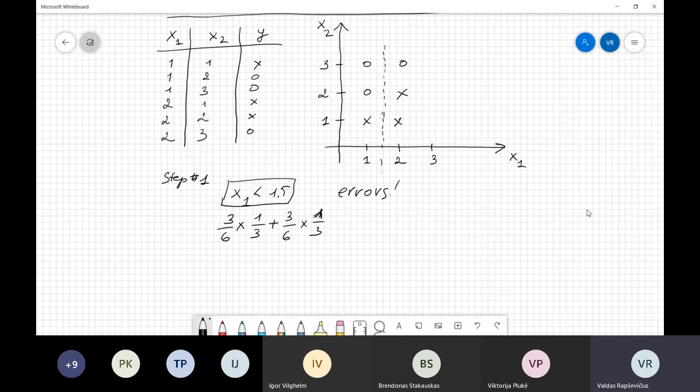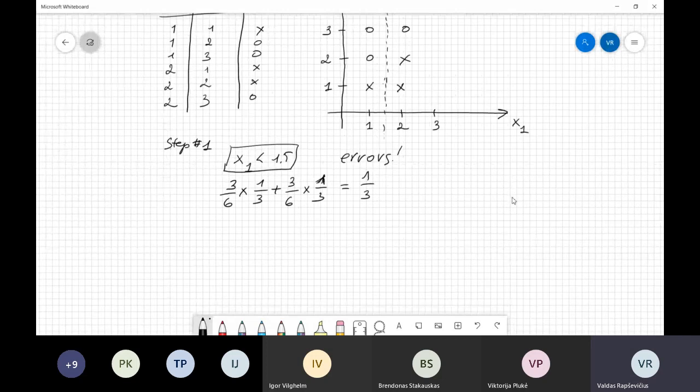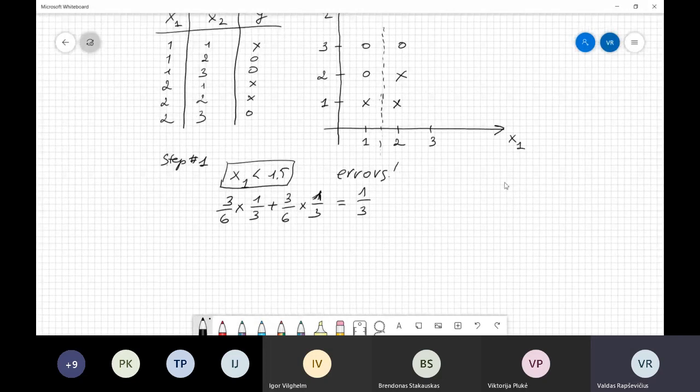This is the impurity of the split. Once we multiply this, it becomes 3 and 18, 3 and 18, so 6 and 18, so 1/3. So this is the impurity of this exact split. This is a candidate for the split, and we have calculated the impurity, 1/3.